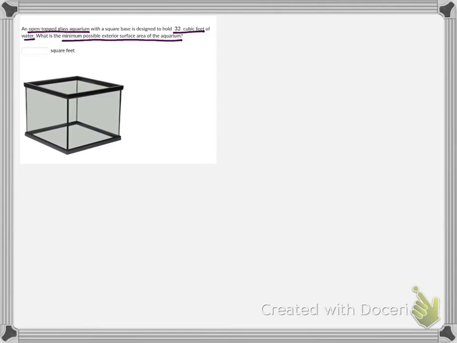Okay, so we don't know what the height is, and we don't know what the base is, but we know the base is square. So we're going to make that x by x. They tell us 32 cubic feet. Well, that's a volume. So 32 is equal to x squared times height.